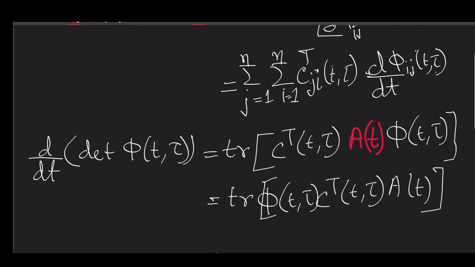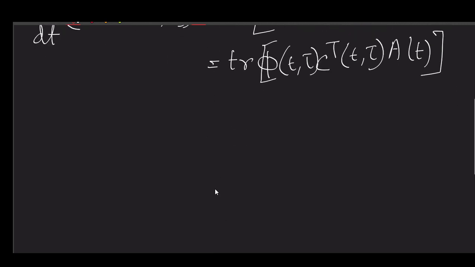Well, so this last stage shows the fact that the trace is independent. Now we can use this identity. What identity can we use?